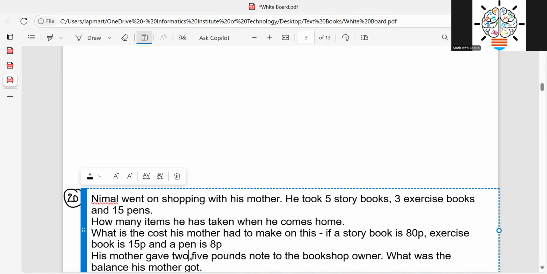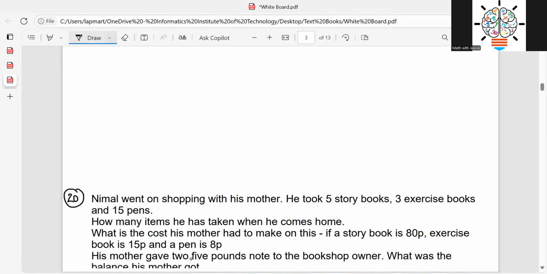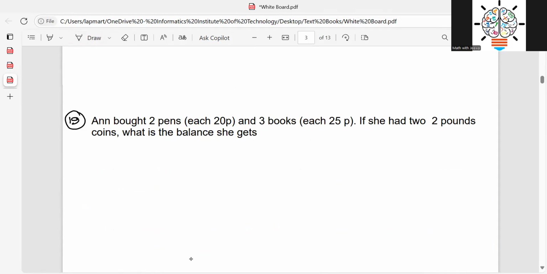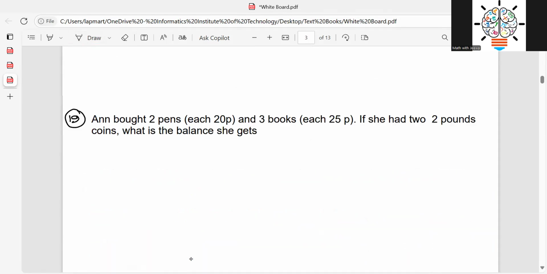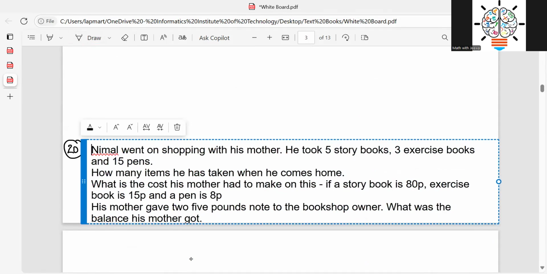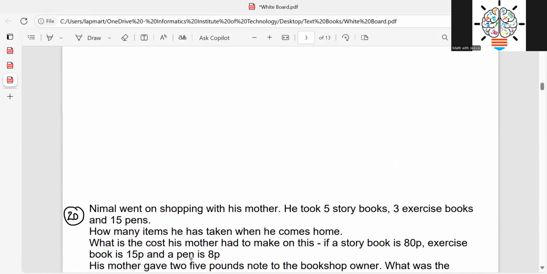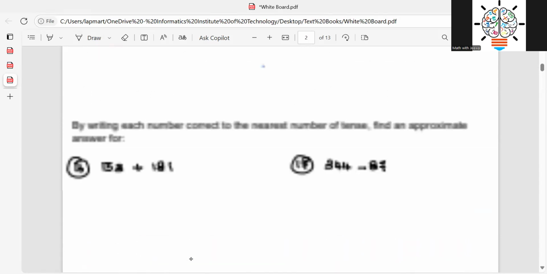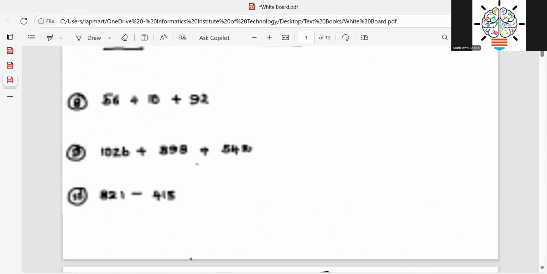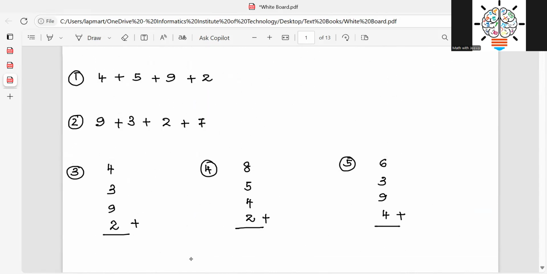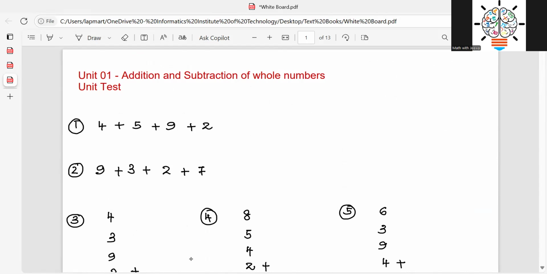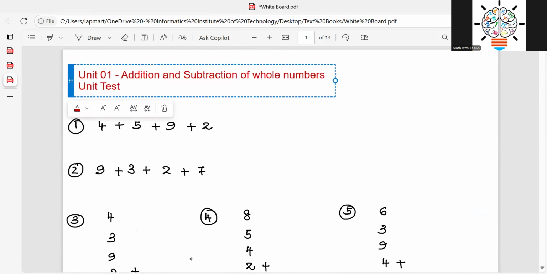So this is all about the unit test, children, right? There are 20 questions. You want to attempt all 20 questions, and then tomorrow I'll bring you the answers. So do an honest job, so you can understand your level by yourself.